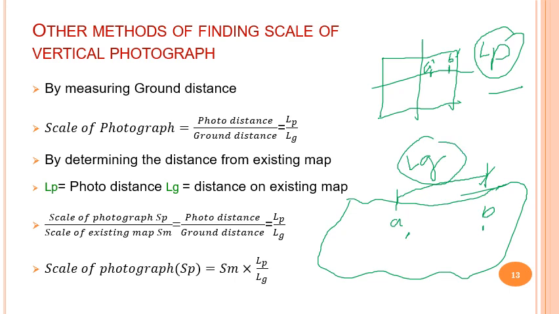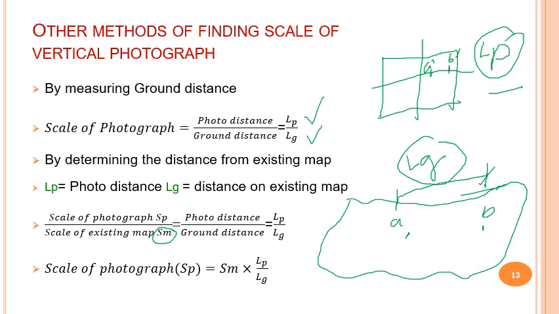By determining the distance from the existing map, LP is the photo distance and LG is the distance on the existing map, or the ground measurement. Then the scale of photograph SP divided by the scale of existing map SM is equal to the ratio of LP and LG.